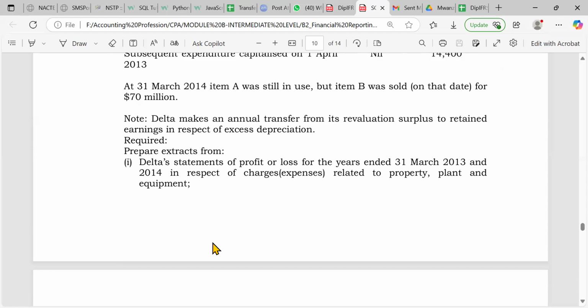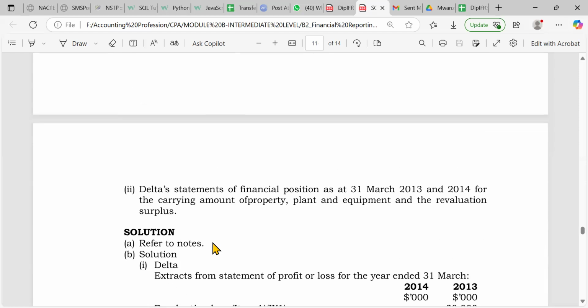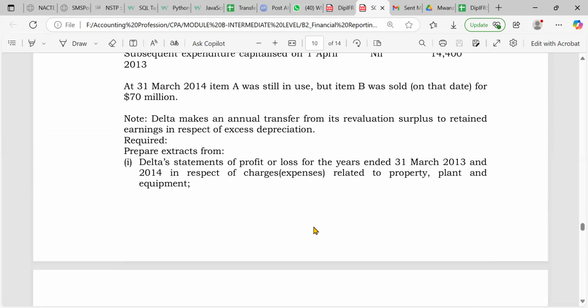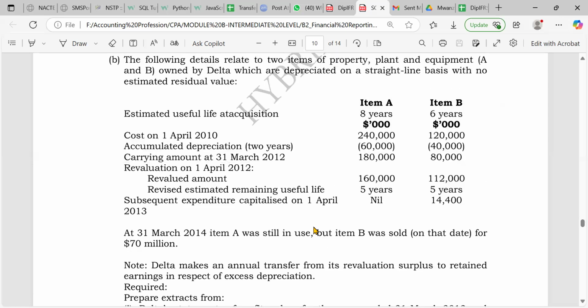That's for profit or loss, but also for Delta statement of financial position as at 31st March 2014, the carrying amount of property, plant, and equipment and the revaluation surplus. Okay, that's it.